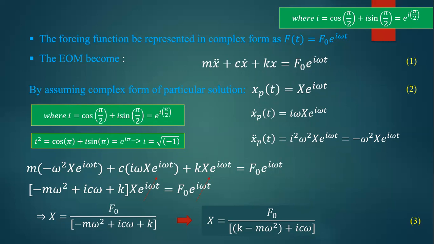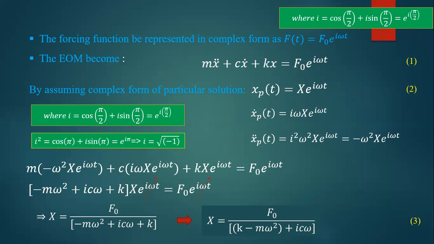Now, by assuming a particular solution, we have two types of solution for such equations. As we have seen in the previous lecture, we have the homogeneous solution and the particular solution. The homogeneous solution is when the forcing function is 0, then m x double dot plus c x dot plus k x is equal to 0. Whenever f of t is added, we have another solution called the particular solution.